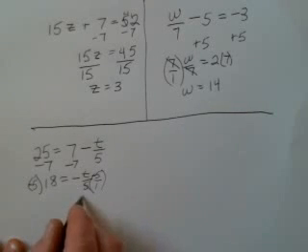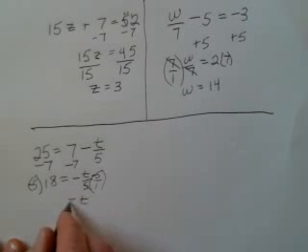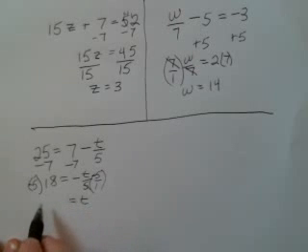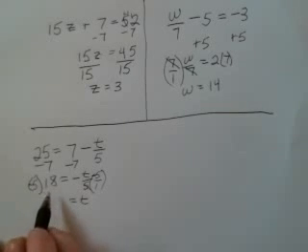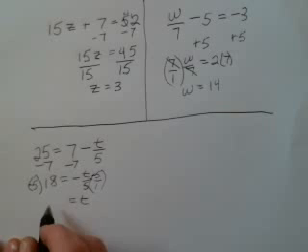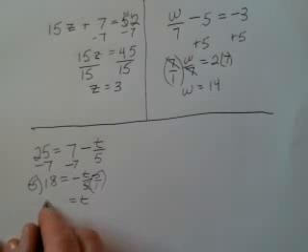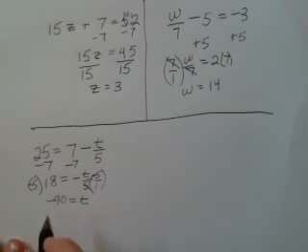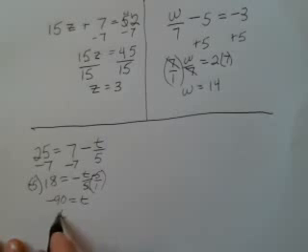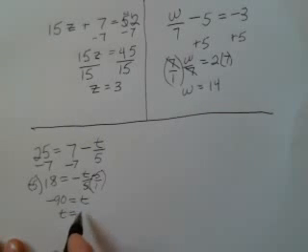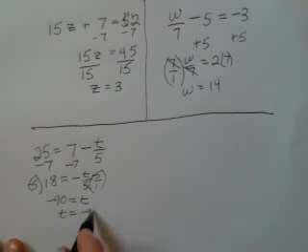So I get t on this side, and on this side I get 18 times 5. Well, that would be like 10 times 5 is 50, and 5 times 8 is 40, so that must be negative 90. And usually I like the t on the right side, so I can put t is equal to negative 90.